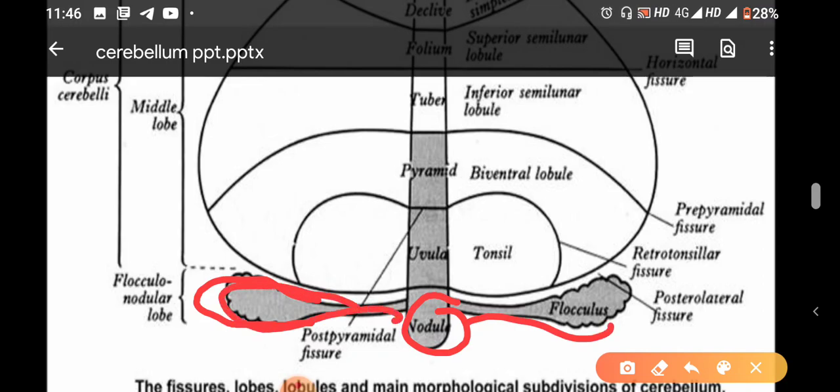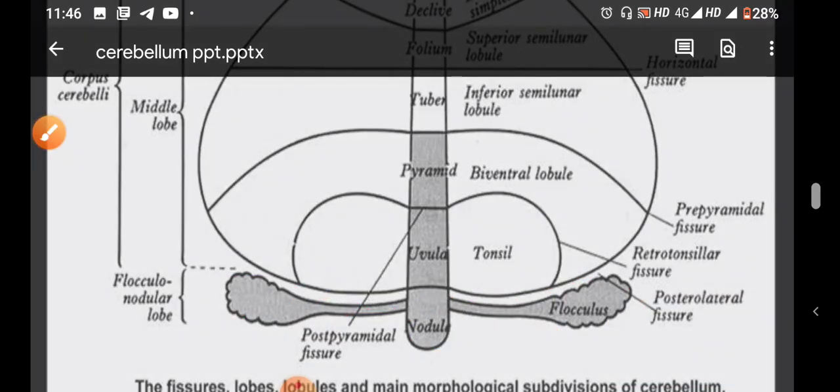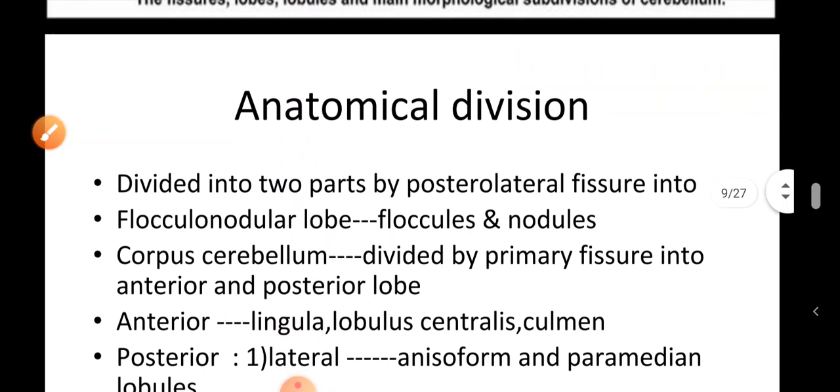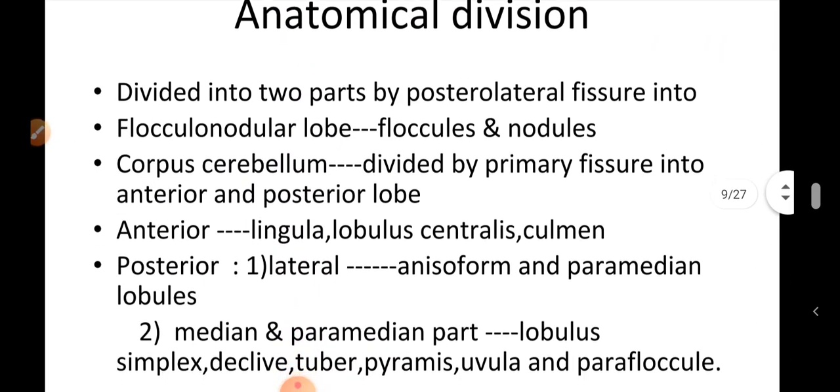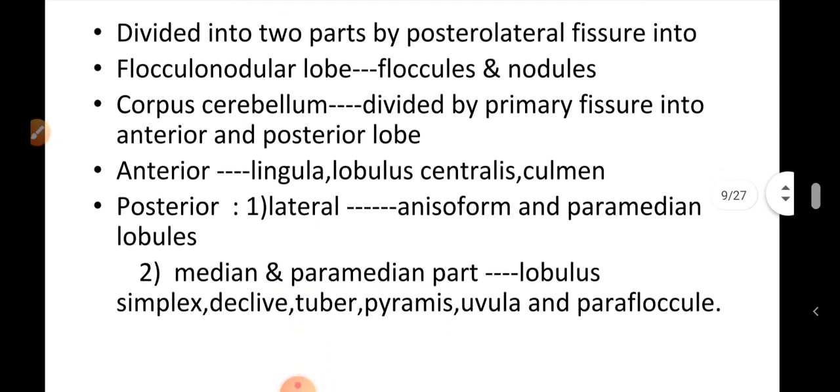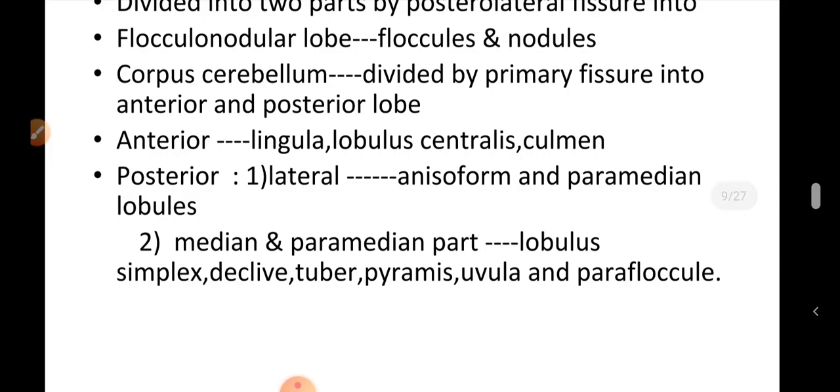So these are called flocculi. So this lobe is called the flocculonodular lobe. So flocculonodular lobe consists of flocculi and nodule.